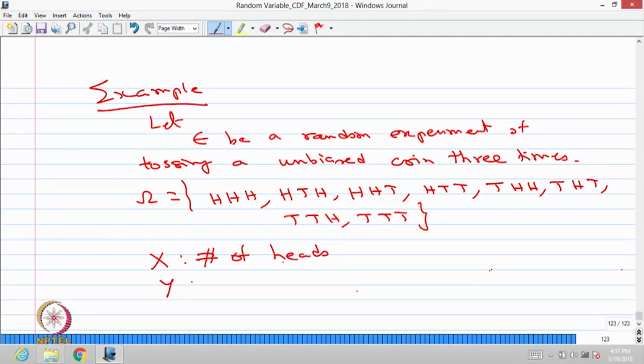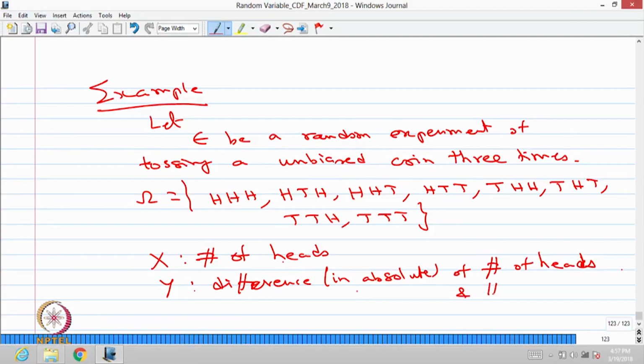The random variable y is the absolute difference of the number of heads and the number of tails.